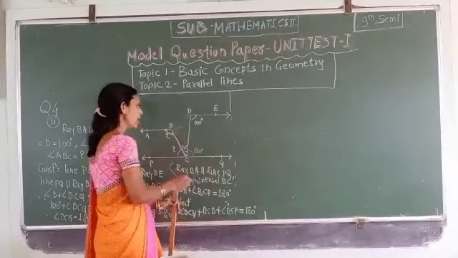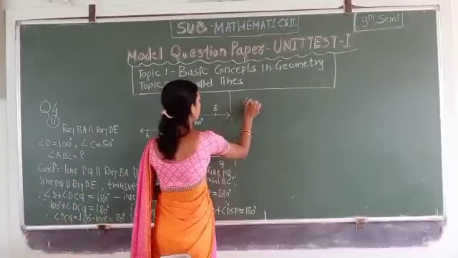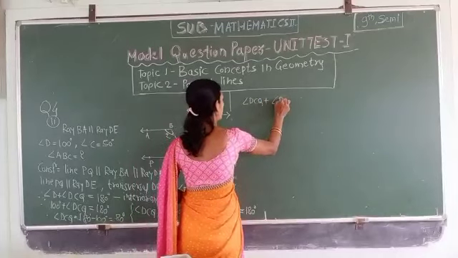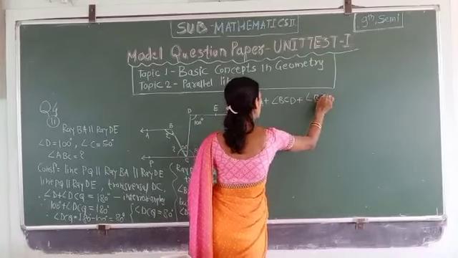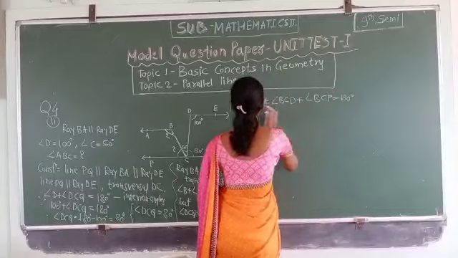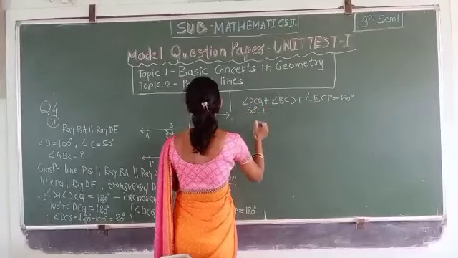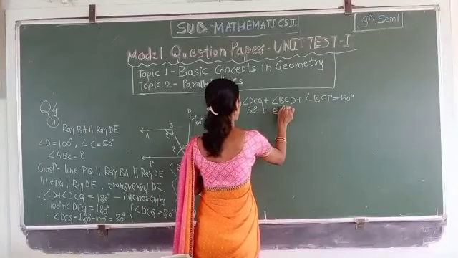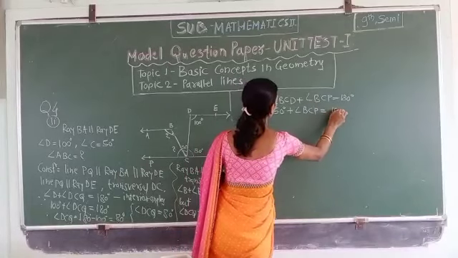But here angle DCQ is 80 degree, angle BCD which is given here is 50 degree, and angle BCP we have to find out.